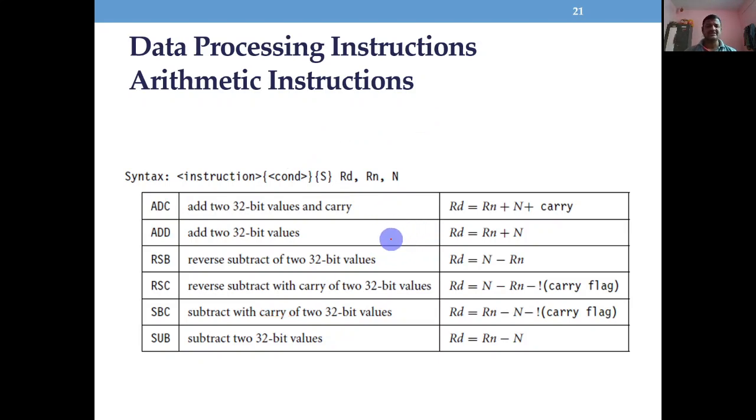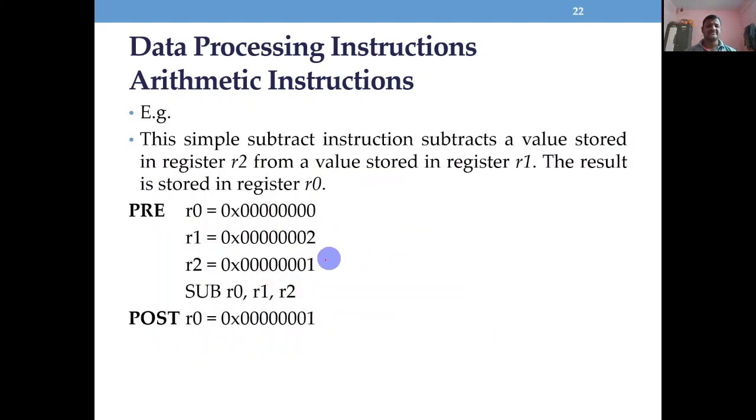Now I'll discuss a simple example. This is subtraction: SUB R0, R1, R2. Before execution of this instruction, the content of R0 is 0, R1 is 2, R2 is 1. So R0 equals R1 minus R2.